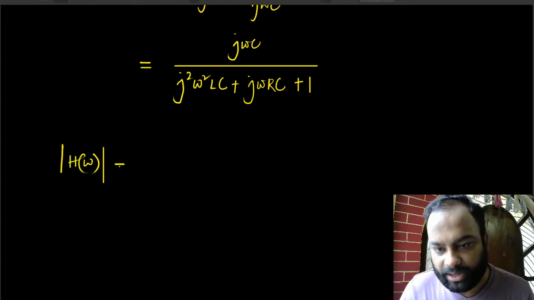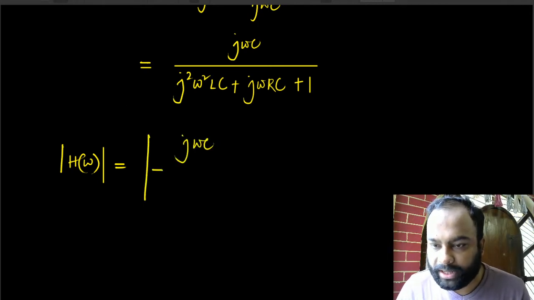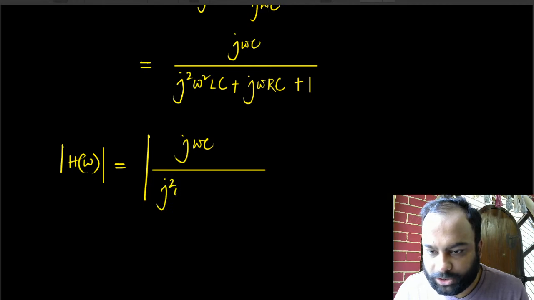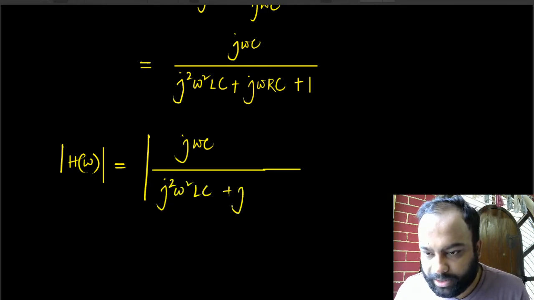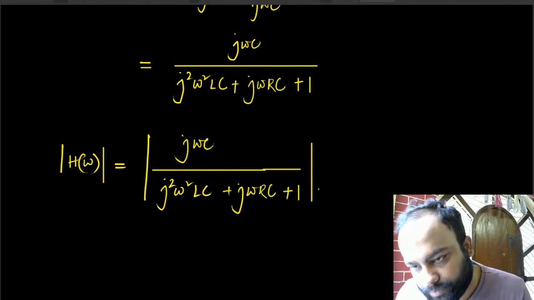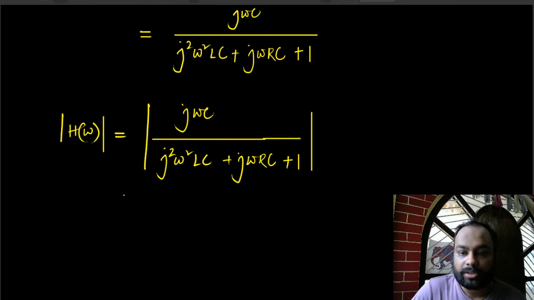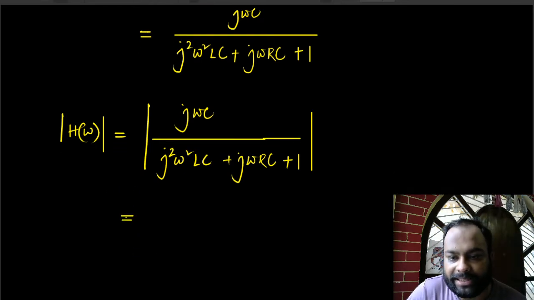If I write something like this, I would have mod of j omega C by j square omega square LC plus j omega RC plus 1. All right. So let's divide everything by LC for a moment.